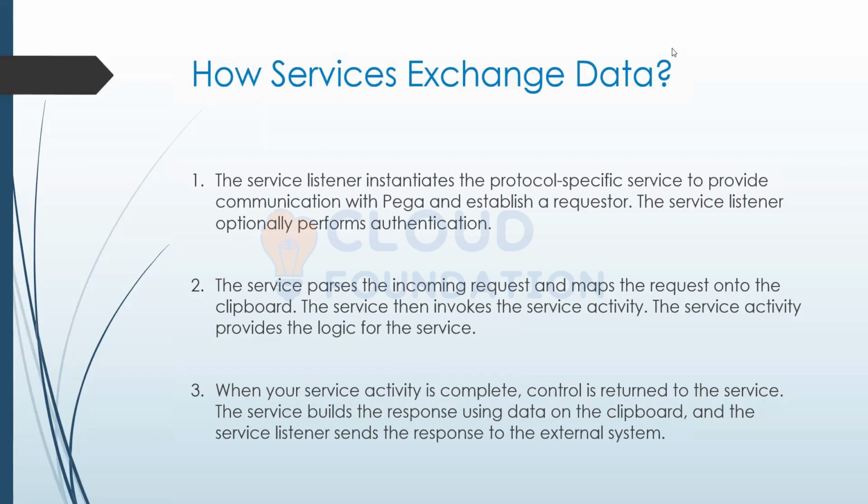What is required is the unique identifier for that customer. It could be a customer ID or something. The customer ID is received. That customer ID is mapped onto your application's clipboard. It is taken from the request and mapped onto your clipboard.